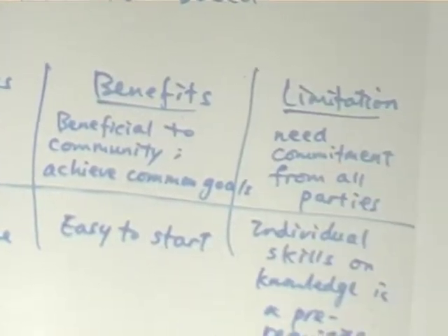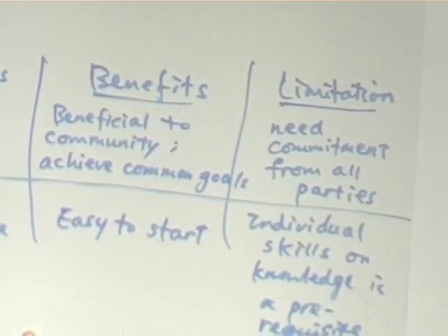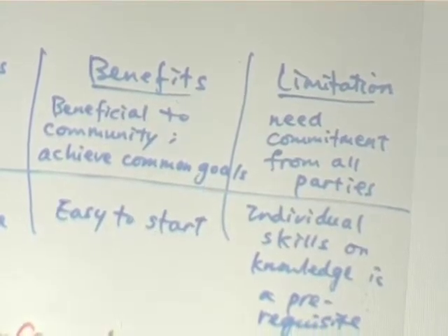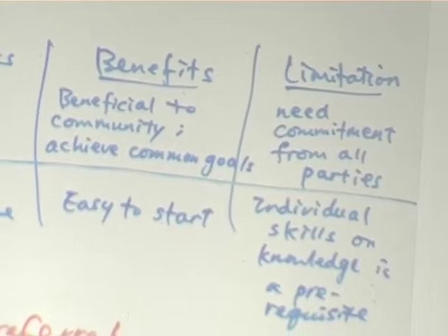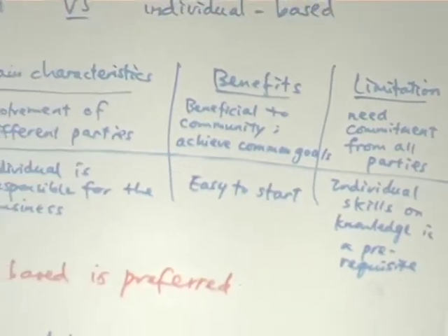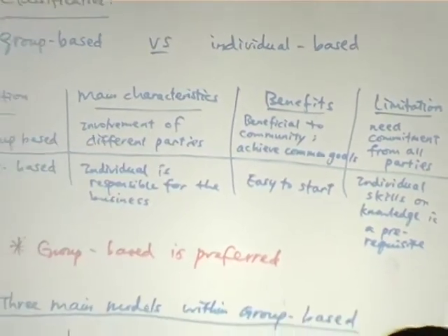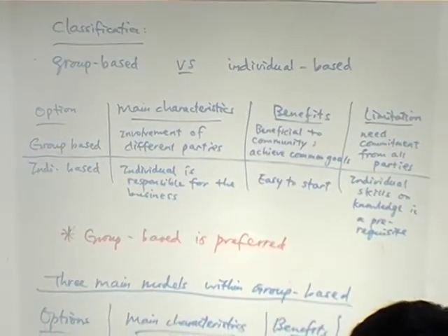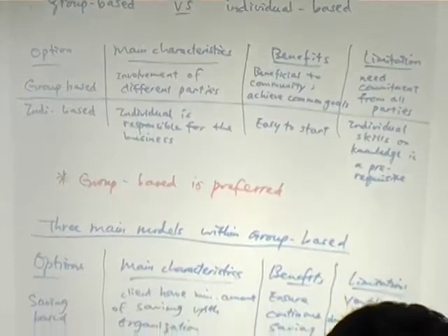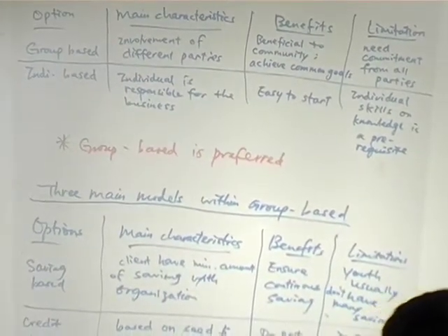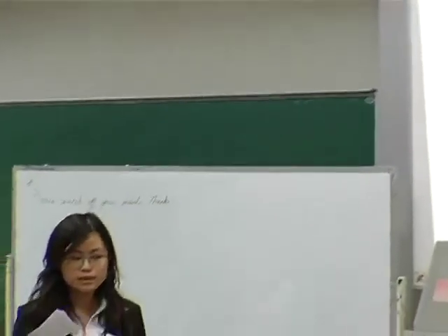For individual-based, the individual is responsible for the business, so the knowledge and skill required of this type of person is very high, and the potential risk associated is also very high. But the benefit is that it is easy to start. So we see group-based as more preferred in this project.